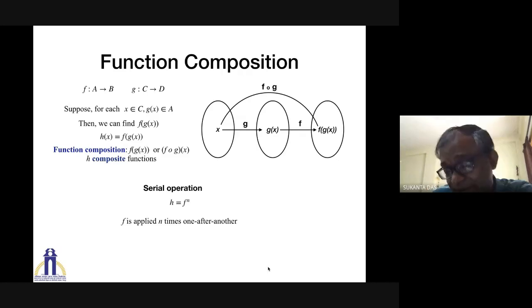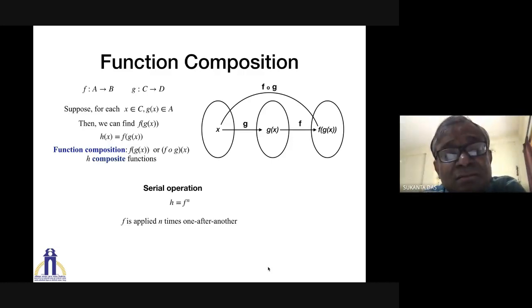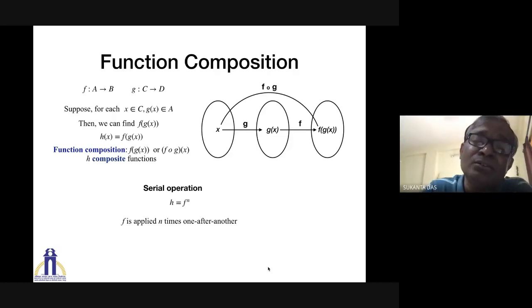So if I consider that performing this task is a function, then how can I perform a task? That is by performing those subtasks one by one.